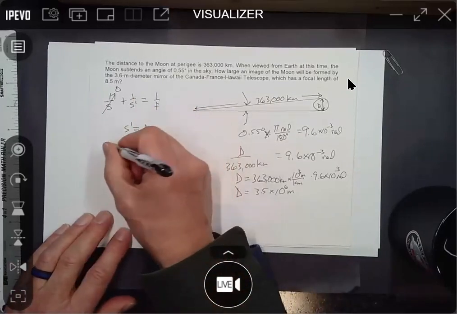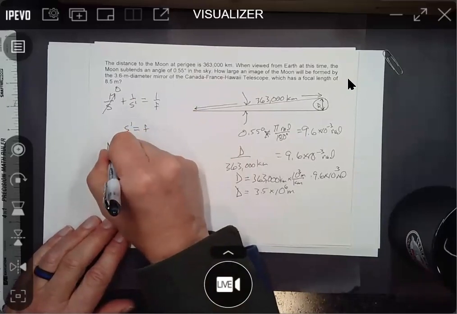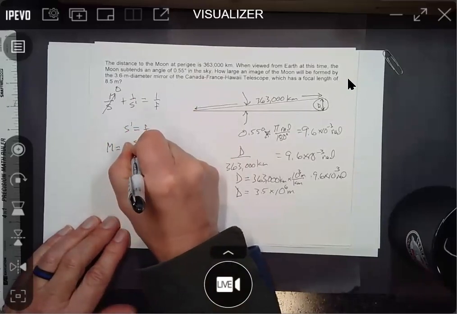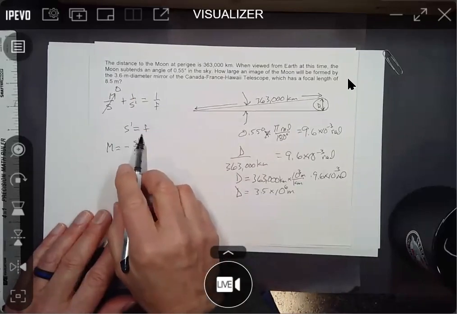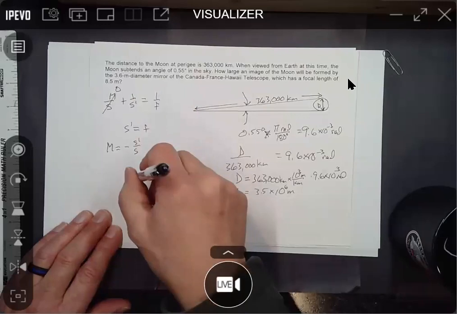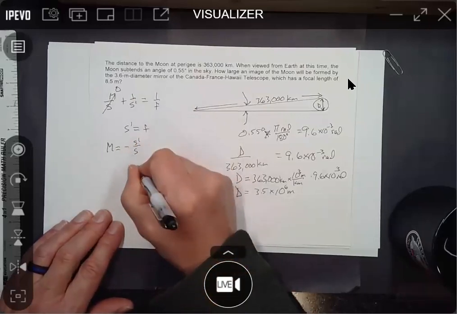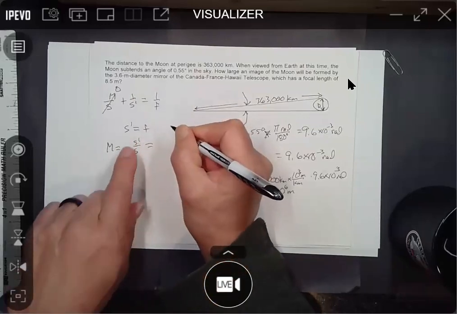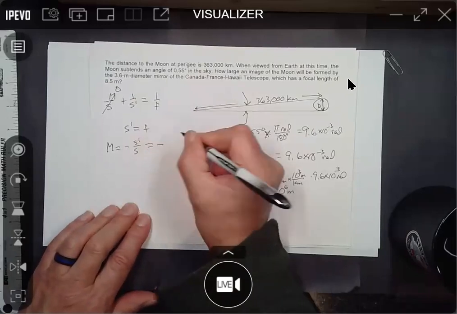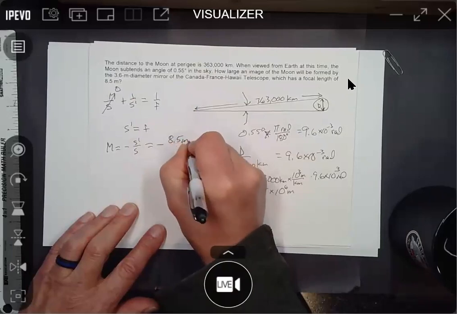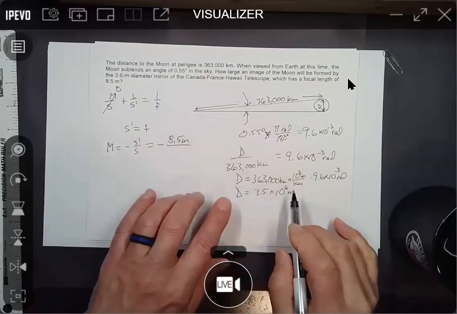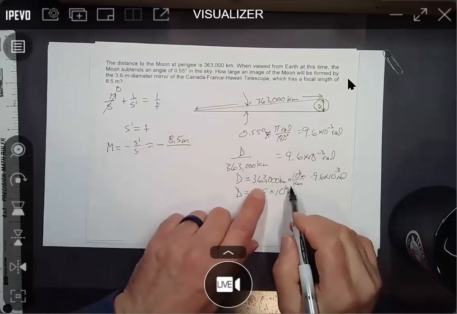Well, what's the magnification in this case? It'll be minus s prime over s. It's a real focal length or a positive focal length. Anyway, s prime is equal to the focal length. So minus 8.5 meters on top. And s was, oh, I converted this.